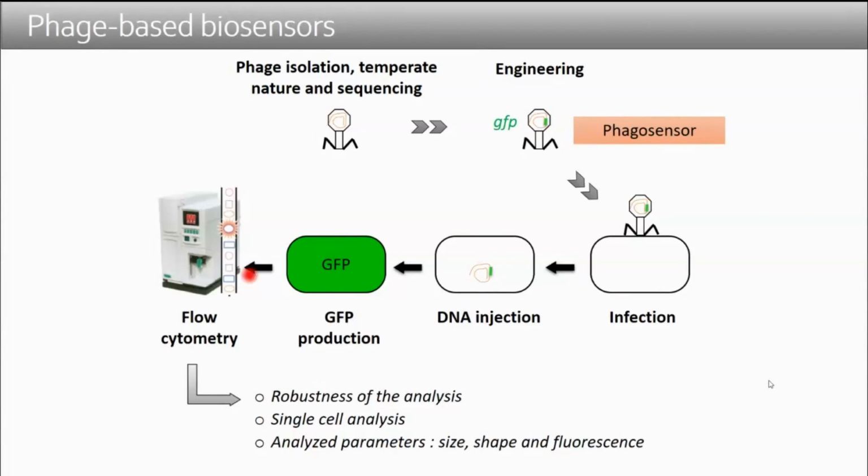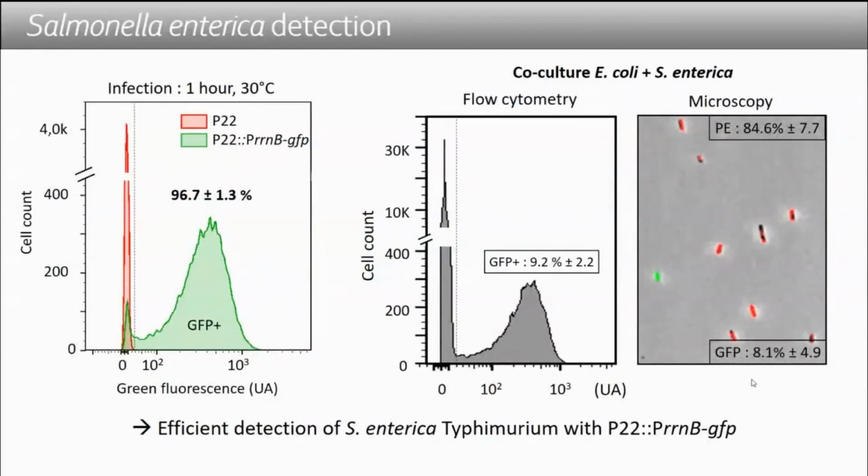And of course, you can do single cell analysis and analyze other parameters such as the size, the shape, and the level of fluorescence. So at that time, Manon Vinet and Nathalie Franche developed these biosensors in the lab.